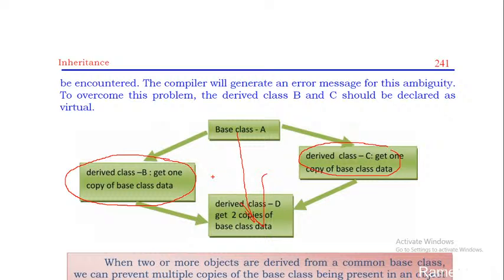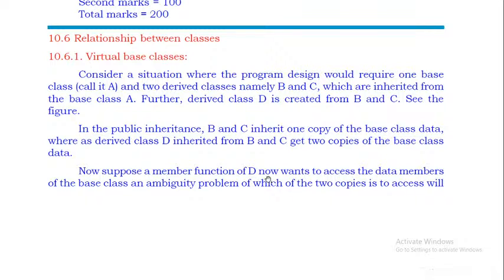What happens? That's what we are explaining here. Suppose a member function of D wants to access data members of the base class, an ambiguity problem, that means confusion, will occur.